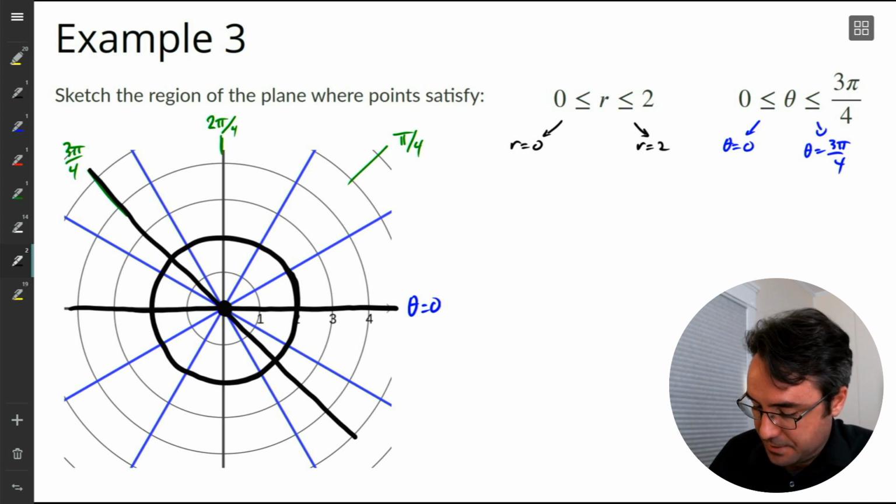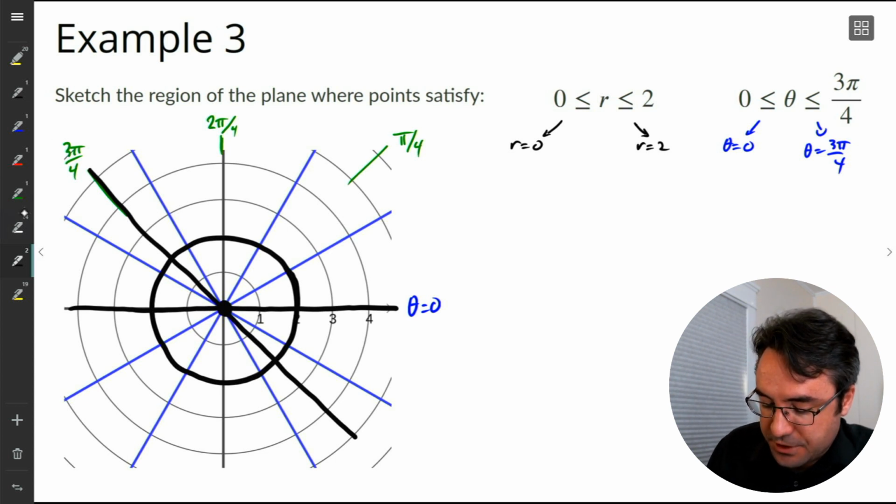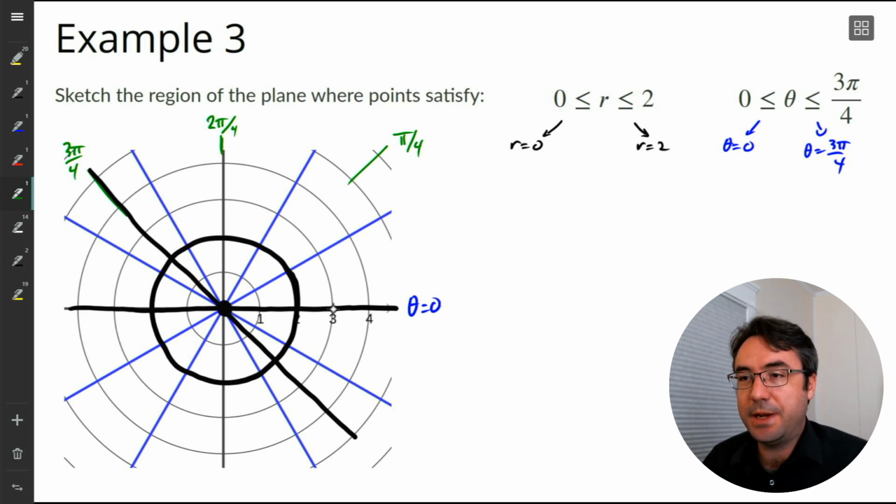Let's maybe clean this up a little bit, and let's shade in the region now. So we want to graph all of the points that are in between theta equals 0 and theta equal to 3 pi over 4.